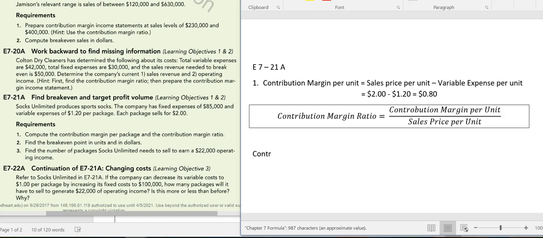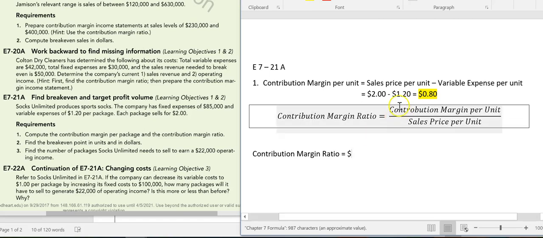So contribution margin ratio, which is given here, is contribution margin per unit divided by sales price per unit, and you just calculated this is your contribution margin per unit, right? And you know from your problem your sales price per unit is $2. So this is very simple.